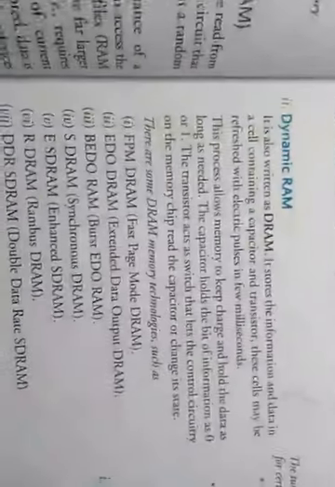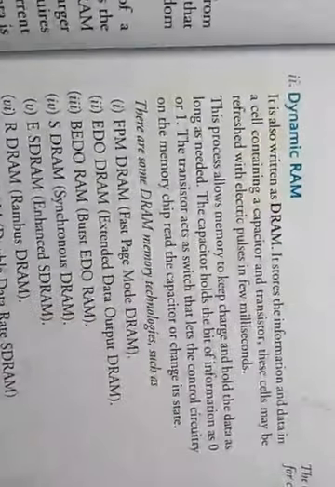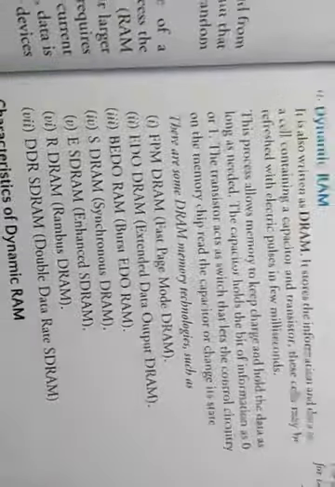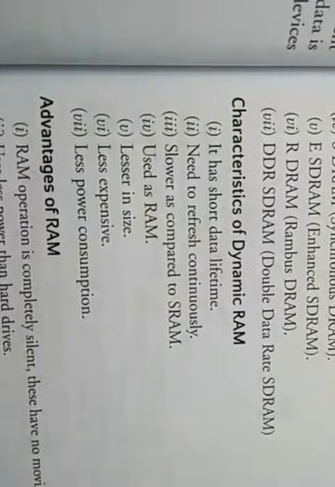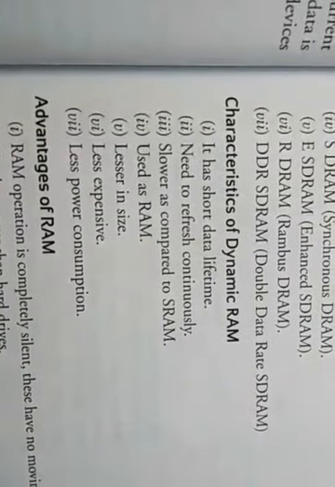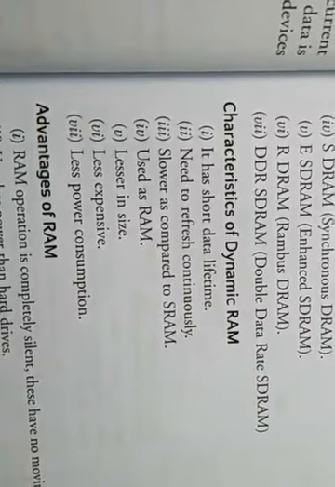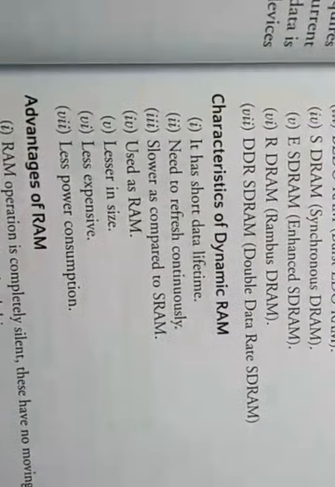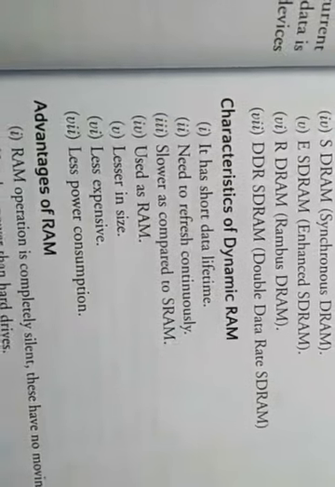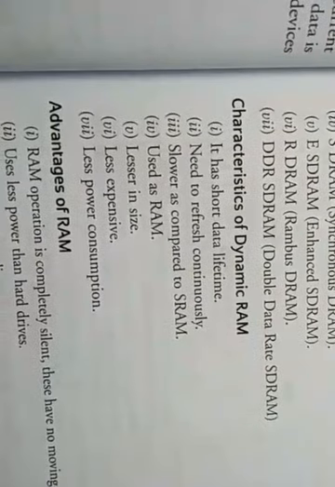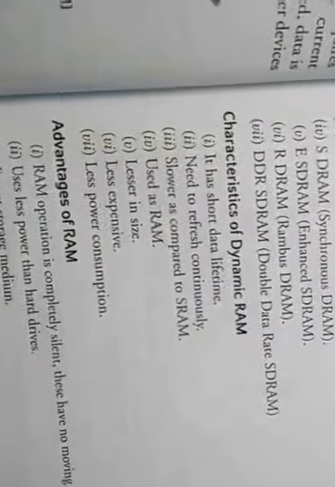Second is DRAM, which stands for dynamic RAM, and the characteristics of DRAM are that it has a short data lifetime, needs to refresh continuously, and is slower compared to SRAM. This is mostly used as RAM, larger in size, less expensive, and has less power consumption.